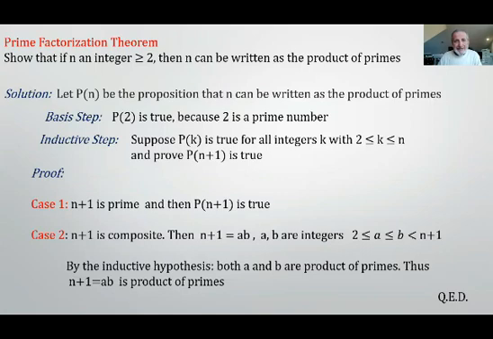So you use the inductive hypothesis to say that a can be written as a product of primes, and b can be written also as a product of primes. Then when you multiply them, you get a product of primes.